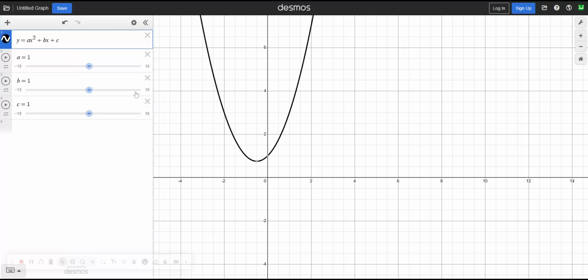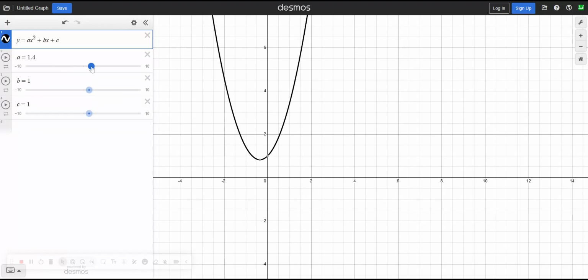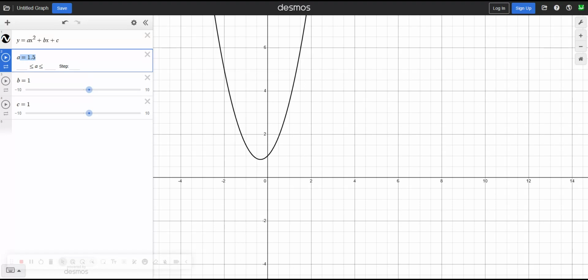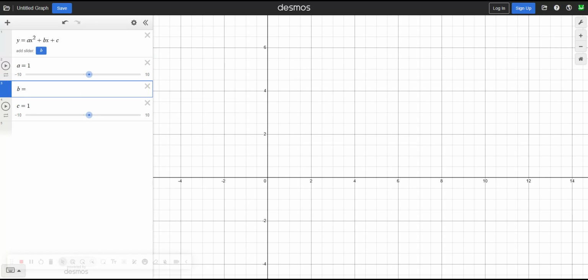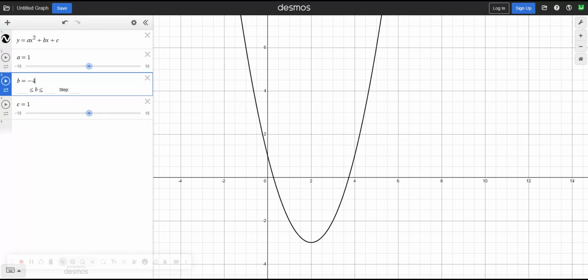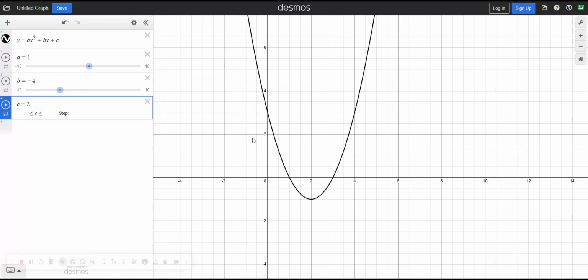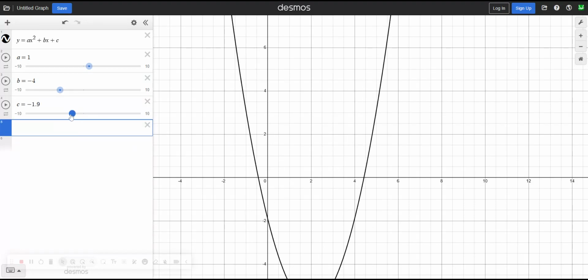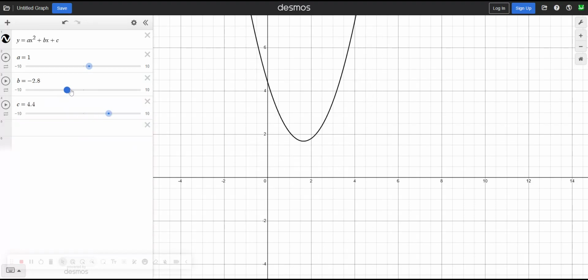I can create sliders like that, boom. And so now I can play with it. I can even change it back to what I initially had. So let's see, I had it as -4 for b, and then c was 3, right? So I have that function from before, and I can even change those numbers around, mess with them, see how it interacts. Students can do this.